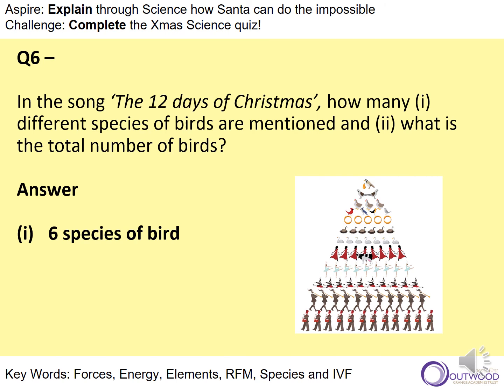Well, I won't, but you can. So there are 6 species of bird, and in total there are 23 birds. So 1 plus 2 plus 3 plus 4, because the first 4 are, and then 6 and 7, because there's only 5 gold rings in between. So that's question 6.